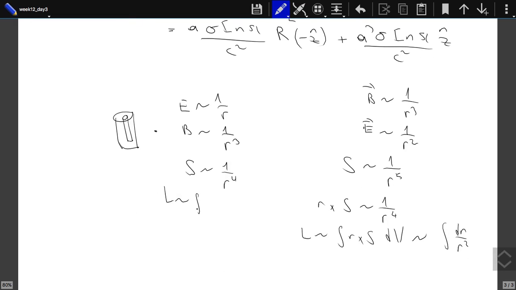And the L behaves as the integral dr over r. This is large, not necessarily small. Now, the lesson is that maybe the total angular momentum outside is not so small, which we completely ignored. Well, we can make it smaller.